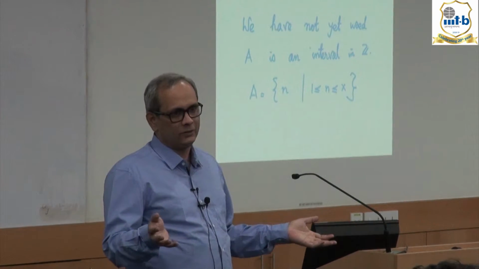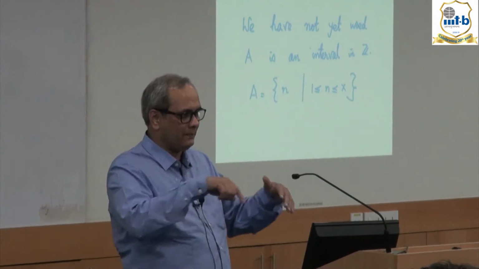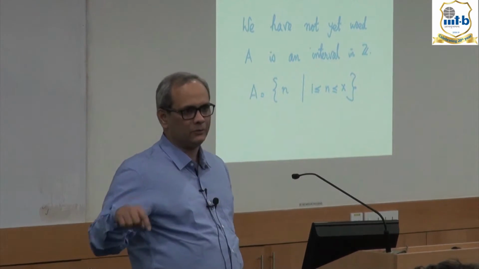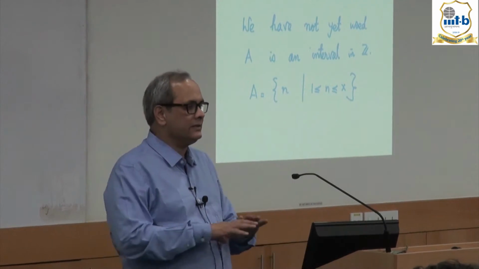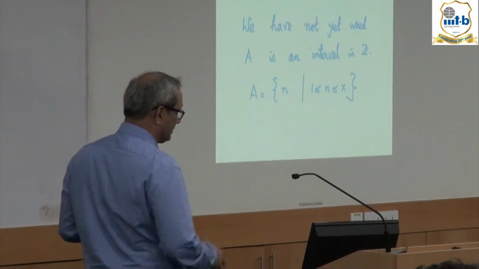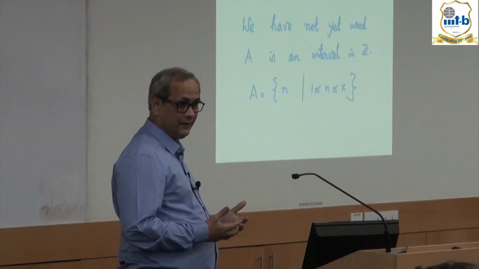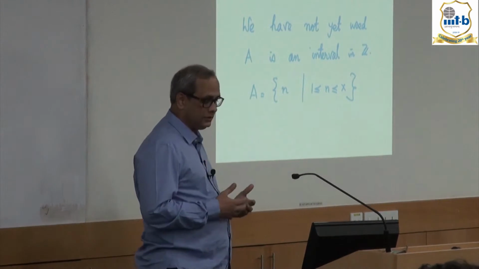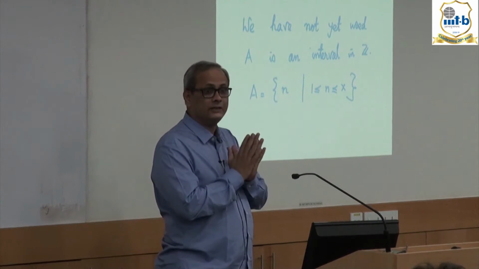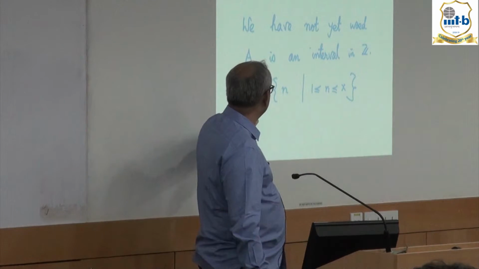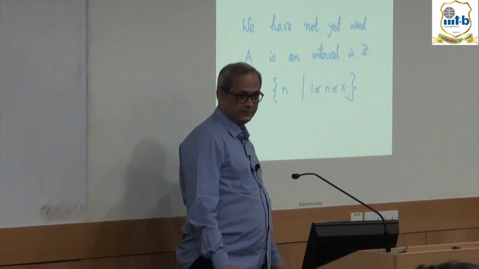They will form a disjoint partition, and the map that takes (a, b) to a/b will be injective. This is a fact that's independent of A having structure, namely being an interval. Now we will record some facts which depend on A being an interval. So far we have not yet used the fact that A is an interval in Z.